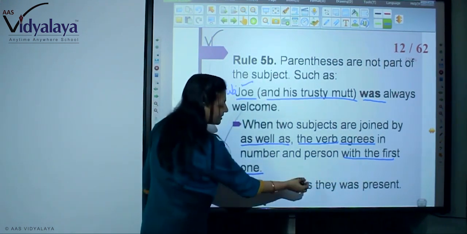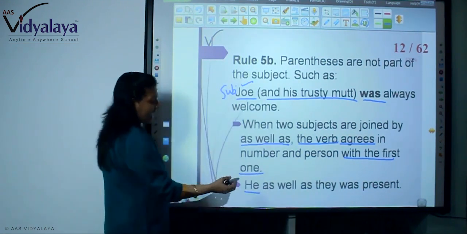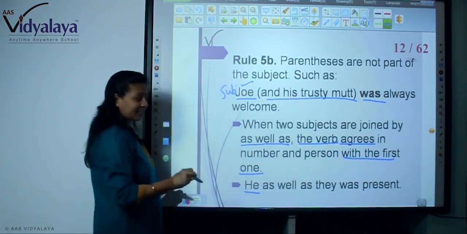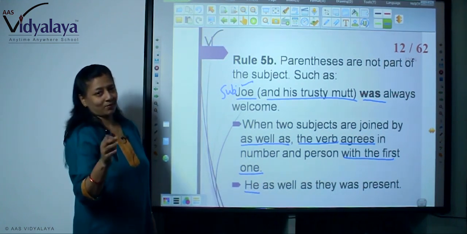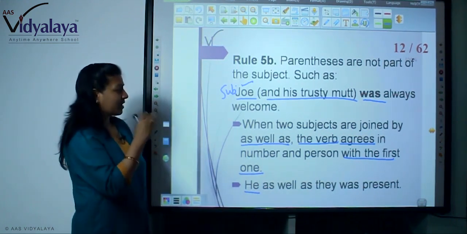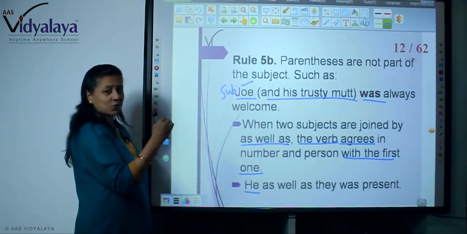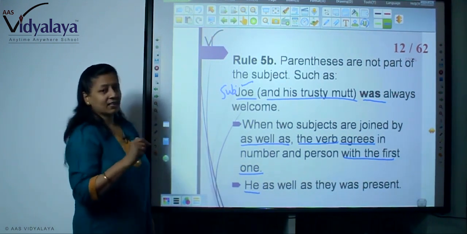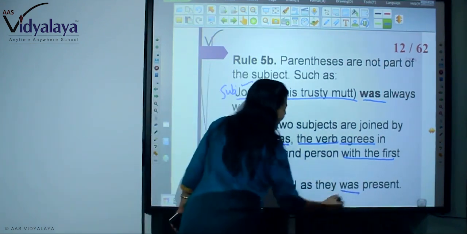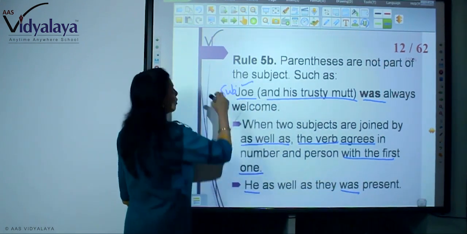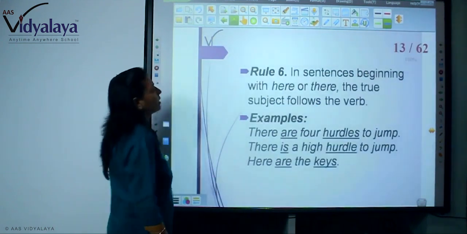He, because it is written with as well as. He as well as they was present. So this is the rule. If the subjects are joined by as well as, the verb agrees with the first subject. Here this is the first subject and so the verb is singular.